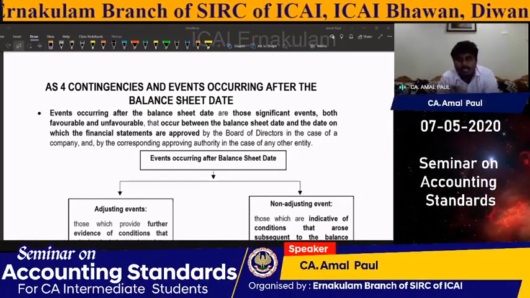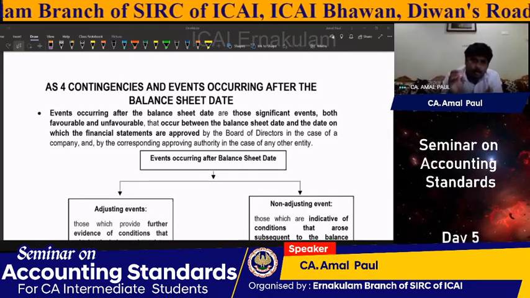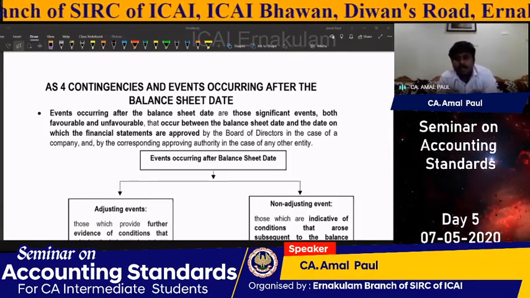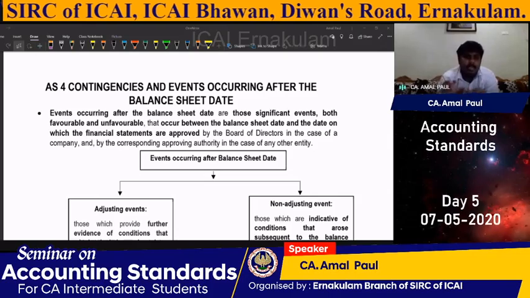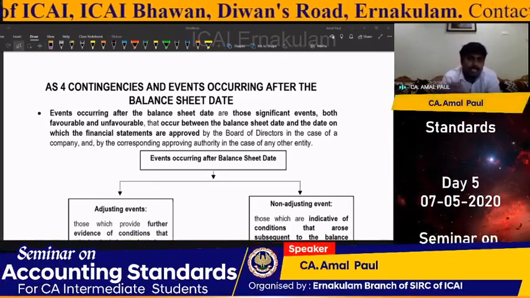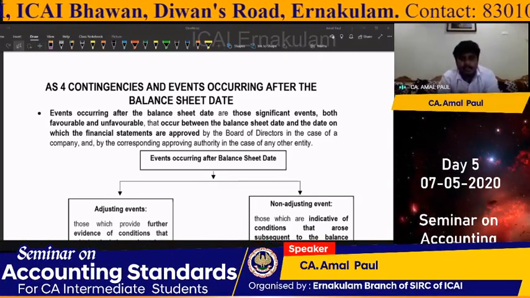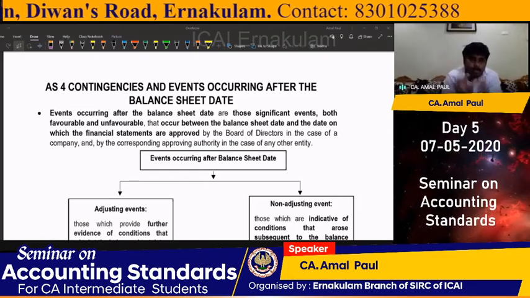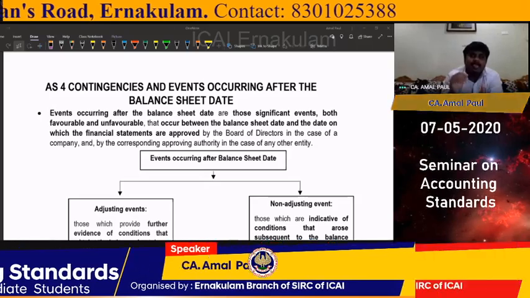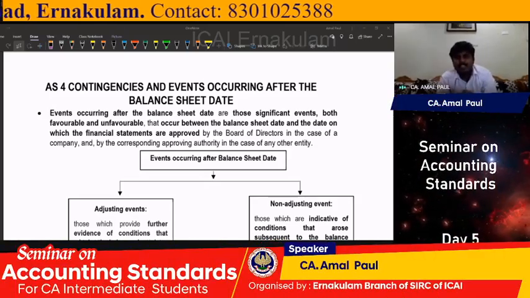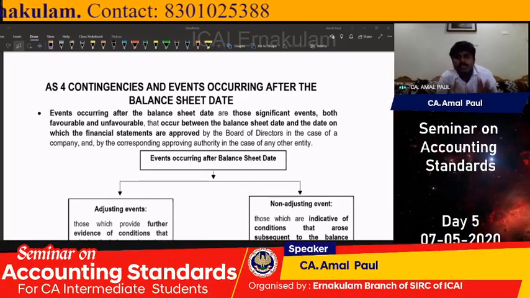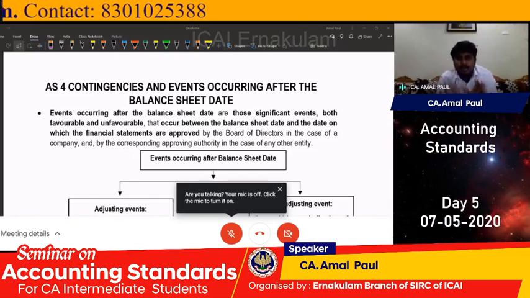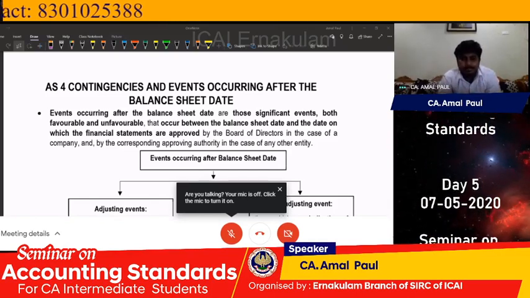This many standards are there in your second group. So we are going to see each standard, but the time we had taken for each standard in the first group may not be taken in the second group. Why? Because the number of standards is more. So we'll be discussing only the relevant points.